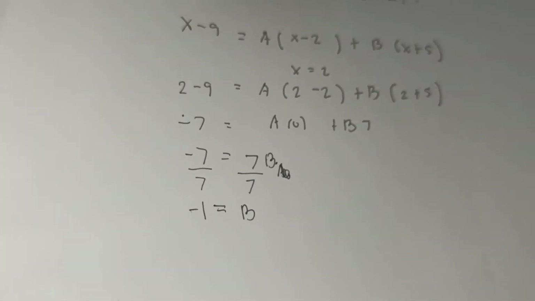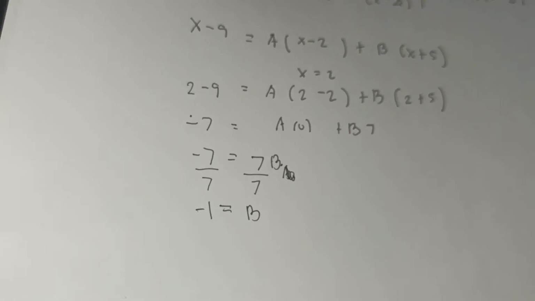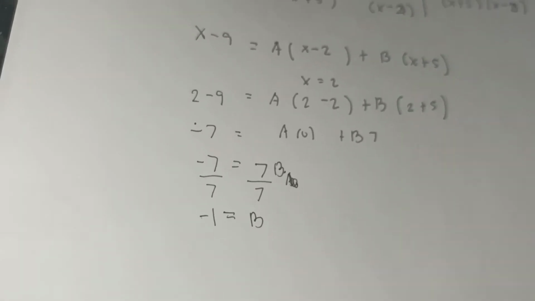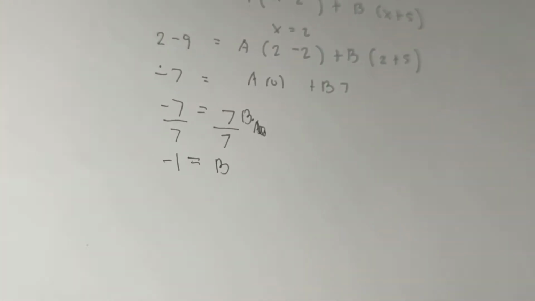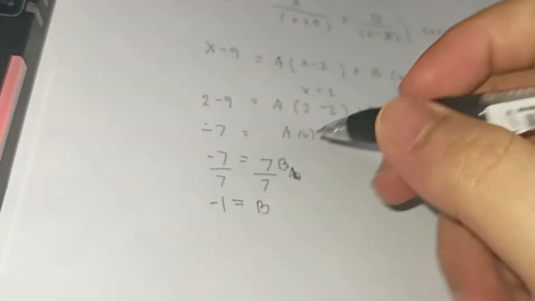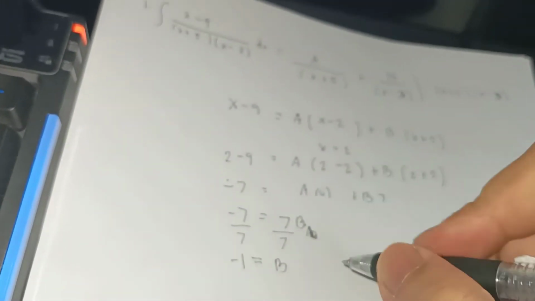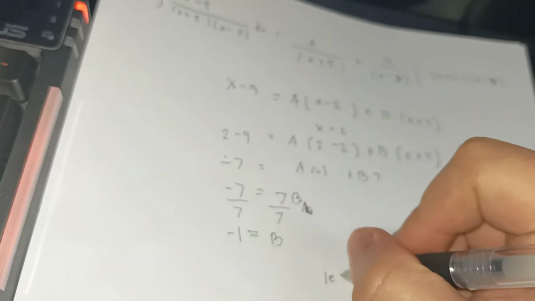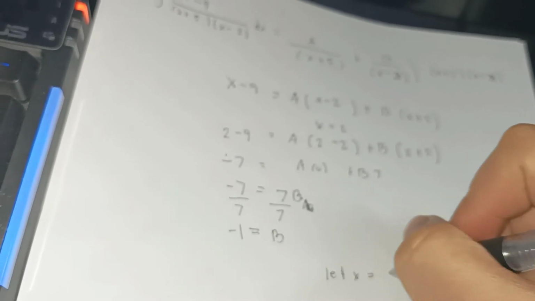Now for the second part, we will try to calculate now. Now time to solve for A. So instead of positive 2, let x be equal to negative 5.